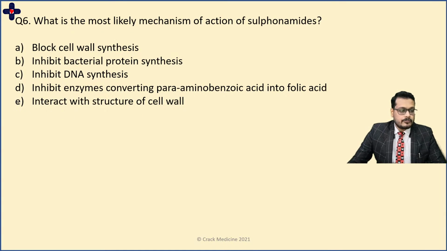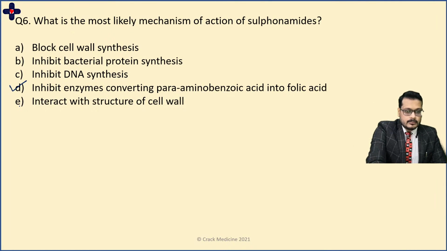So all of you are correct. D is the right answer, and sulfonamides basically act by inhibiting PABA into folic acid conversion.